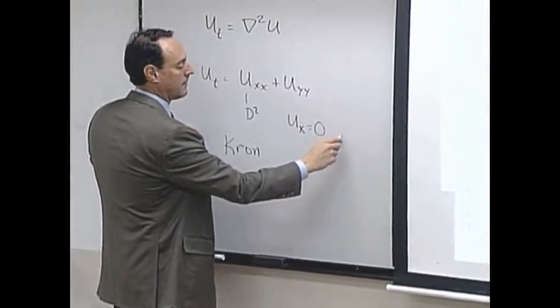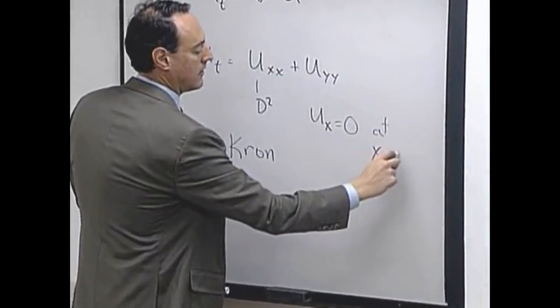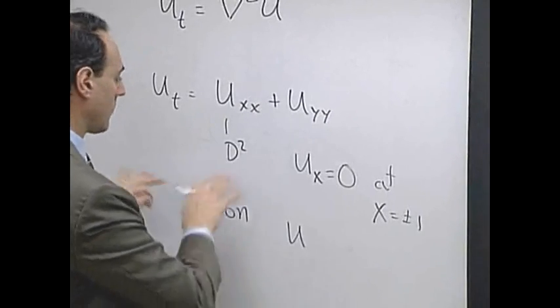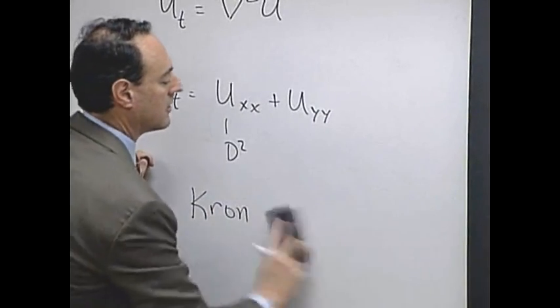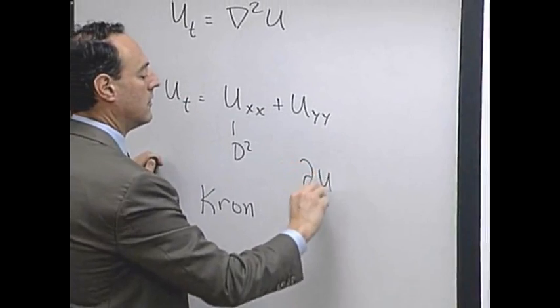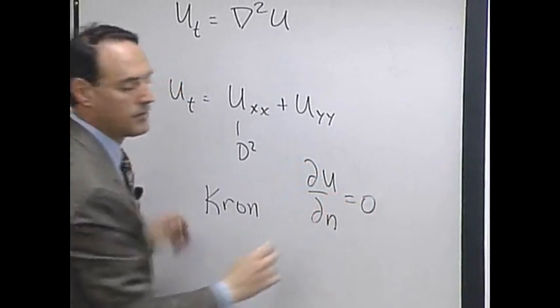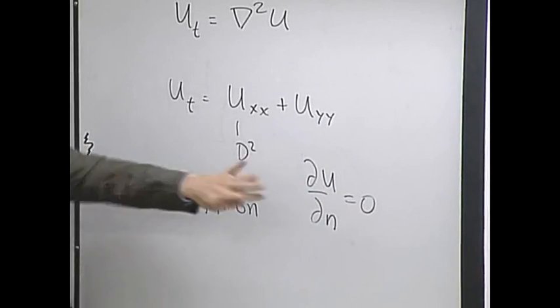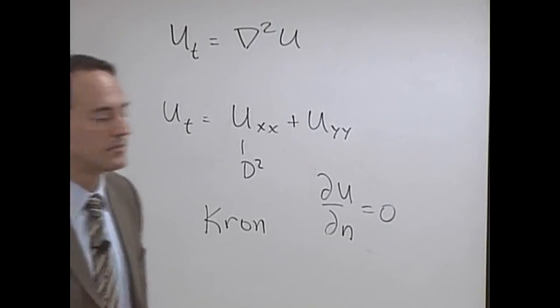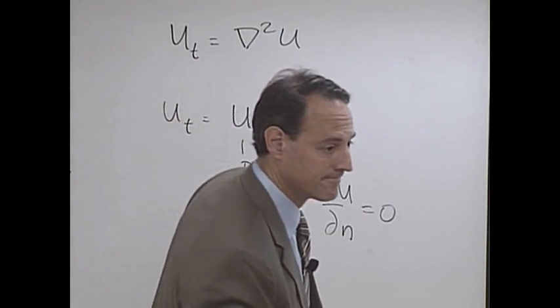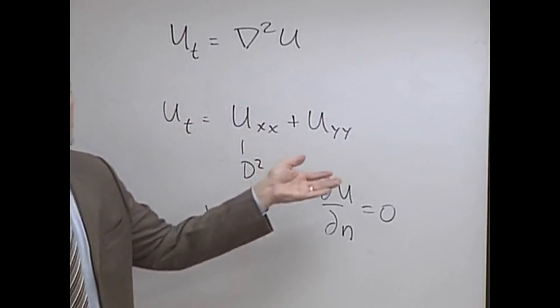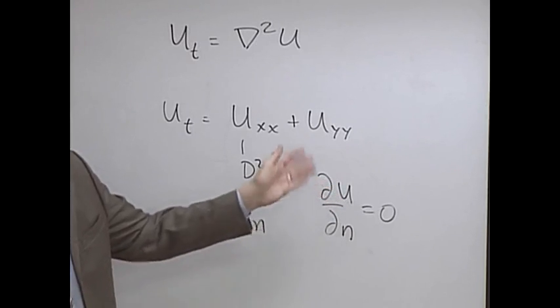Generically, here's what I want: at the edges, no flux boundaries. The derivative is 0 at the edge. So the result you got before you imposed a boundary condition was just without that condition. There was no imposition of any boundaries at all.